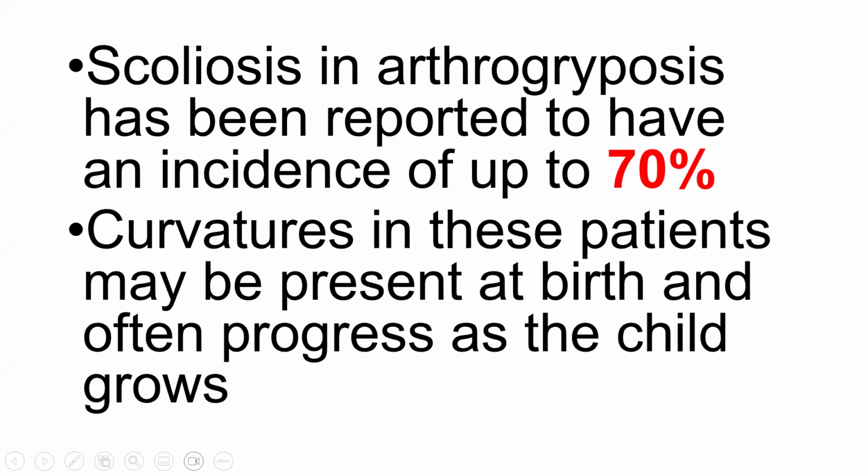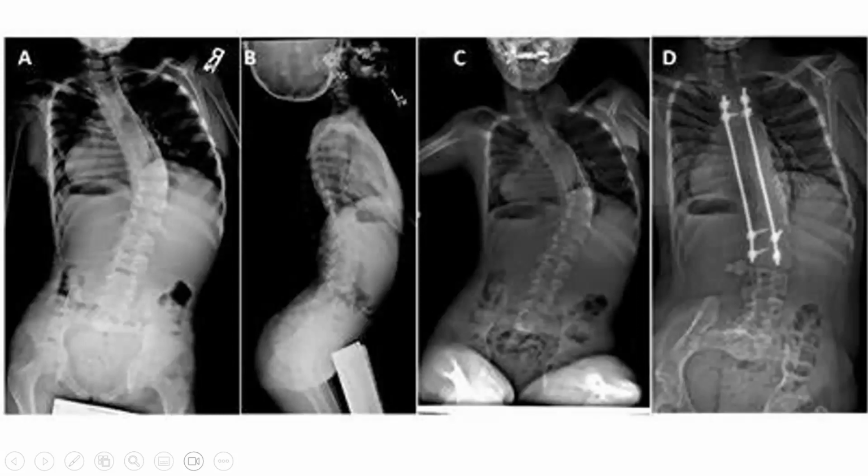This shows a growing rod being inserted so as to maintain the correction and prevent progression. At an early age, we don't like to operate on cases, especially congenital curves. The reason is we found that if we do a fusion, this affects the amount of alveoli, and the patient would die from respiratory insufficiency at a certain early age.